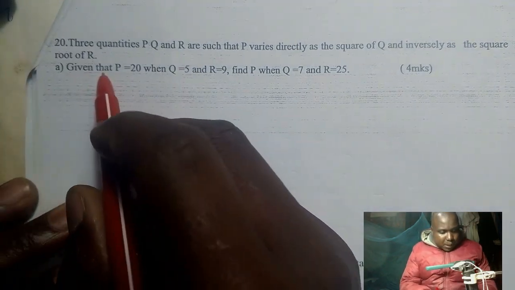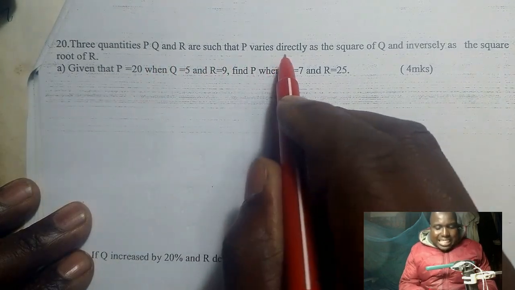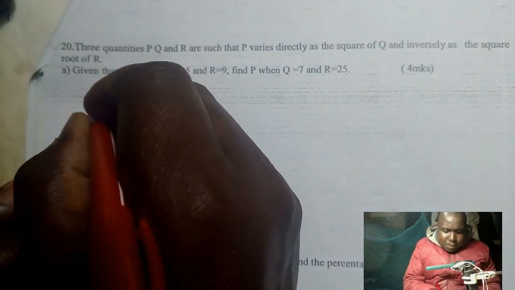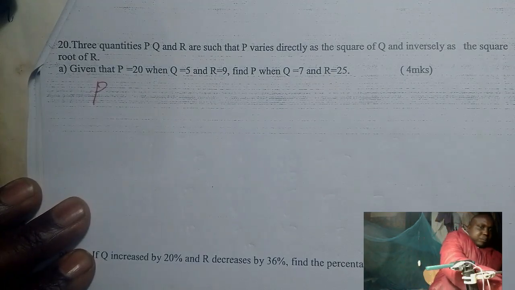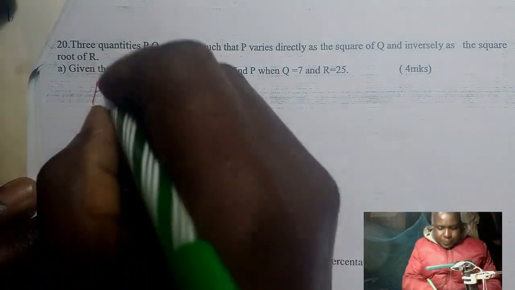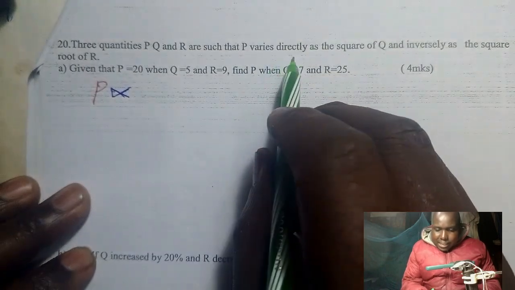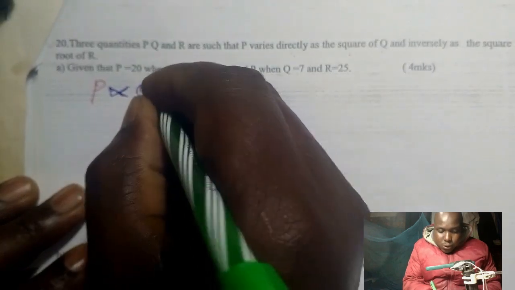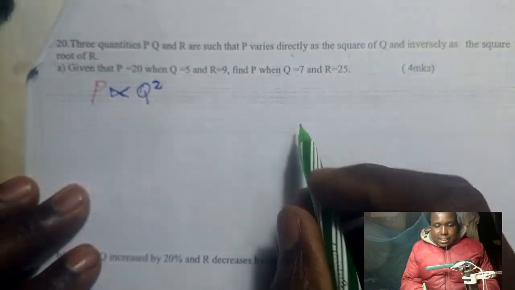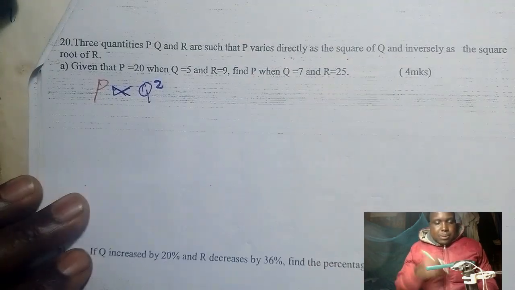Three quantities P, Q, R are such that P varies directly as the square of Q. So P varies directly as Q squared, that is the direct variation.